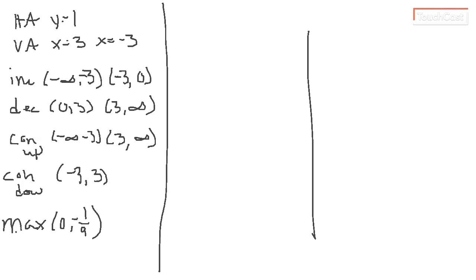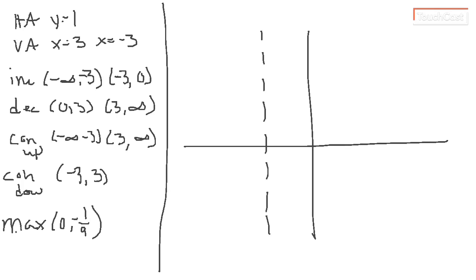So we've got our graph. We know we have a vertical asymptote at negative 3. We know we have another vertical asymptote at x equals 3.